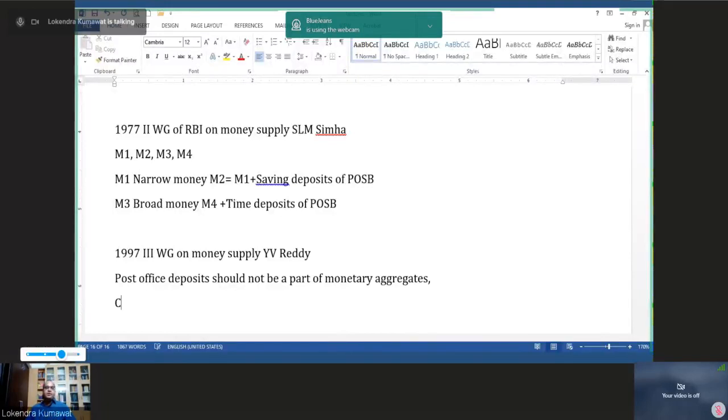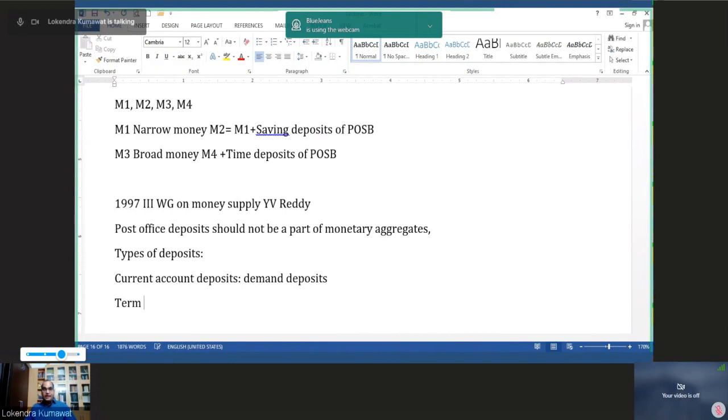One is current account deposits. These are completely demand deposits. Then we have term deposits, which we call FDs in general language. These are completely time deposits.